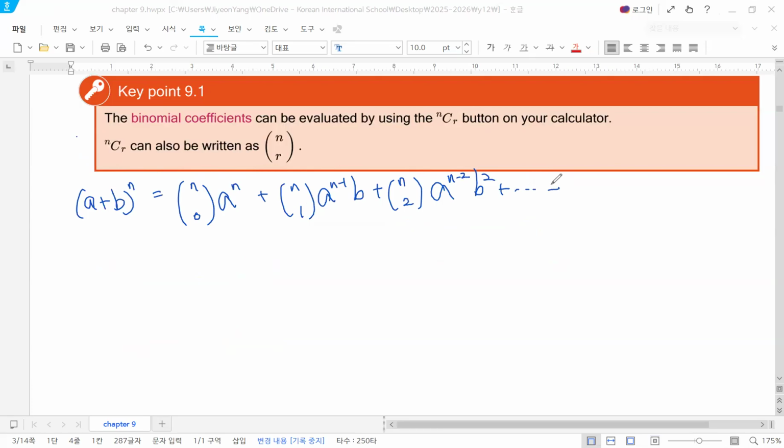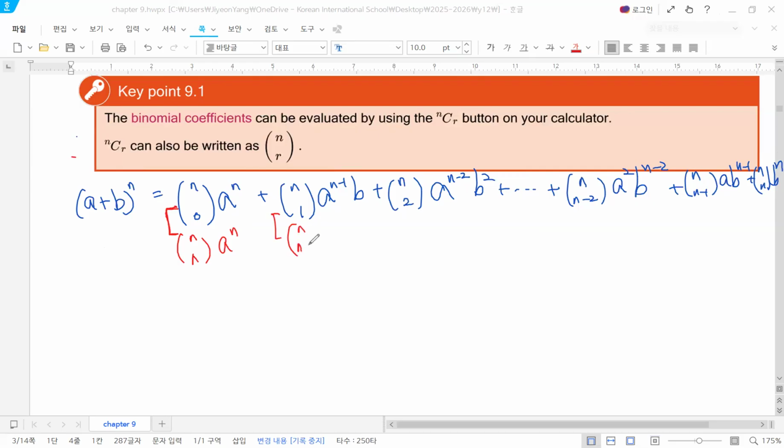Students, please look at the screen. Then nC(n minus 2) a squared b to the power of n minus 2 plus nC(n minus 1) a b to the power of n minus 1 plus nCn b to the power of n. However, you can also write it down as nCn a to the power of n because the values of these two are the same. Do you understand?